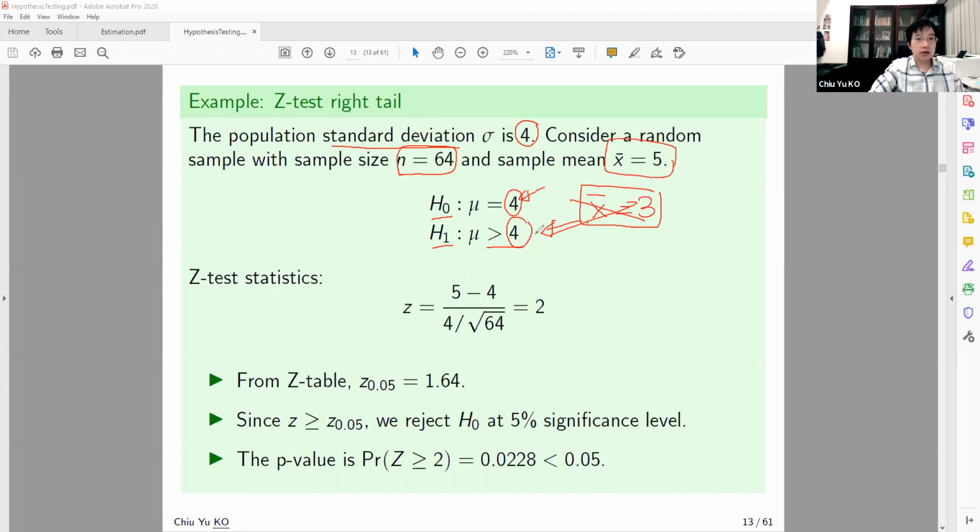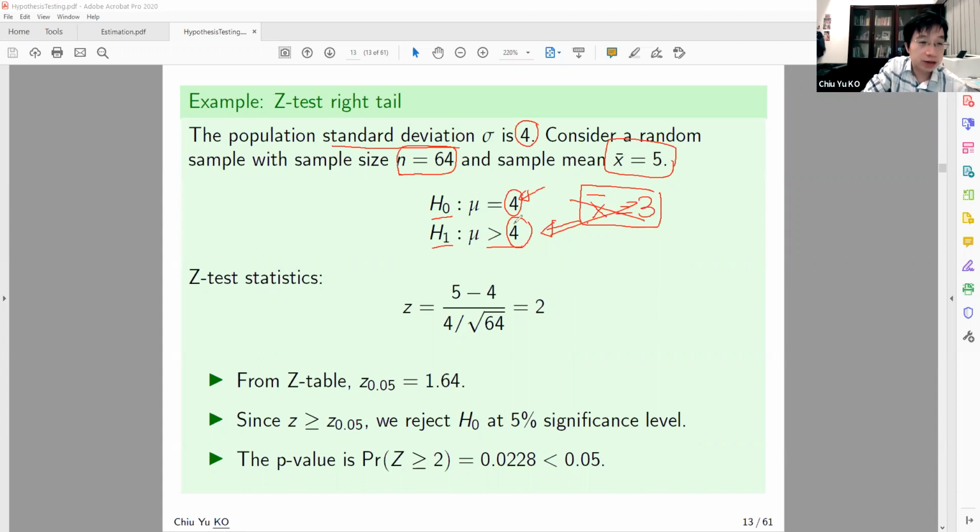It's more than 4, okay? Is it more than 4? Okay, significantly more than 4, okay? If it's not, then we are going to see if the more than 4 is enough, okay?